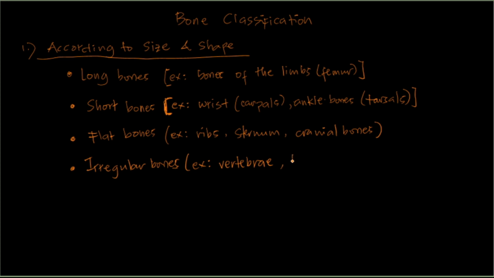So those are the first category in how we can classify your bones, that is according to size and shape: long bones, short bones, flat bones, and irregular bones.